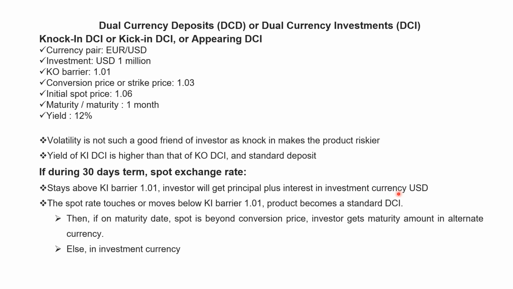That is, if on the maturity date the spot rate is beyond the conversion price, the investor will get the maturity amount in the alternate currency, else he will get the maturity amount in the investment currency. Here, volatility is not such a good friend of the investor as the knock-in makes the product riskier. Hence, the yield of a KI DCI should be higher than that of a comparable knockout DCI or a disappearing DCI.